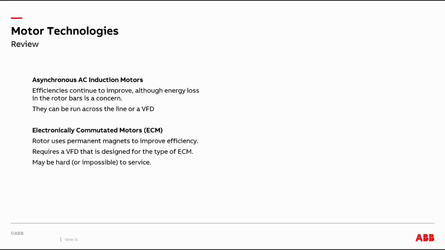Electrically commutated motors, or ECMs, have rotors that use permanent magnets to improve their efficiencies. That could be a problem if rare earth magnets become harder to come by. They require a VFD that's designed for the type of ECM they are. And it may be hard or impossible to service the type of ECM that you have.